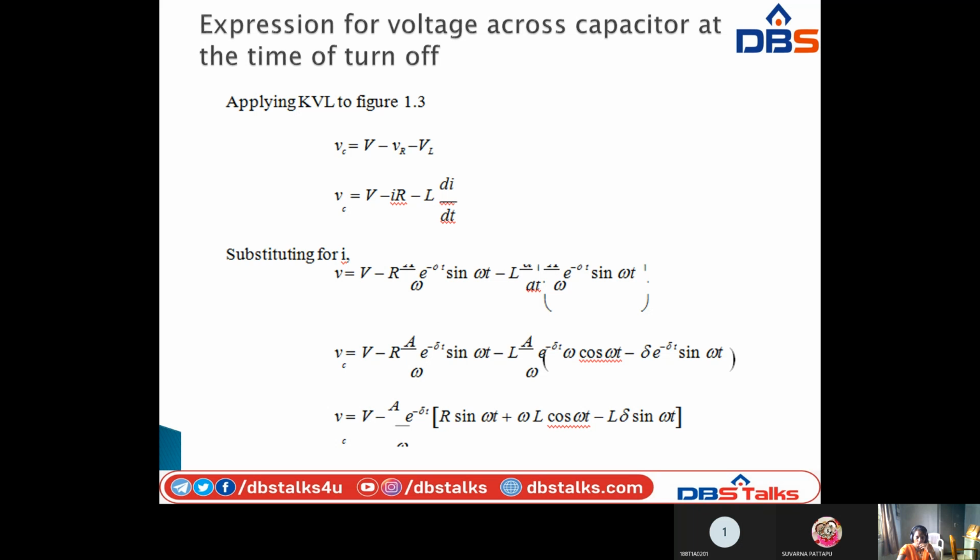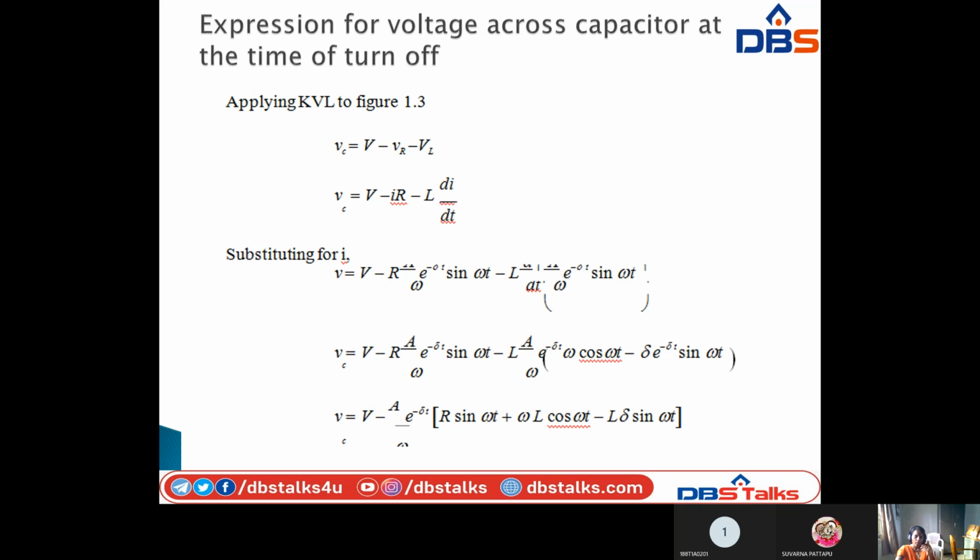So here Vc equal to V minus R into A by omega e power delta t sin omega t minus L into A by omega e power delta t, omega cos omega t minus delta sin omega t.